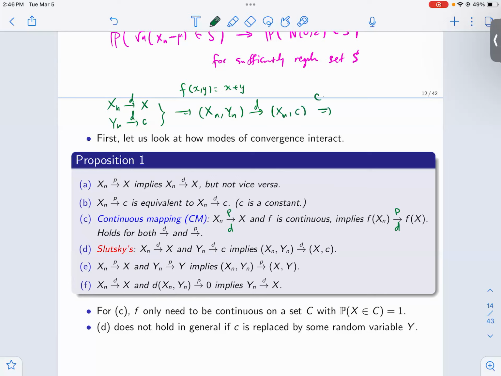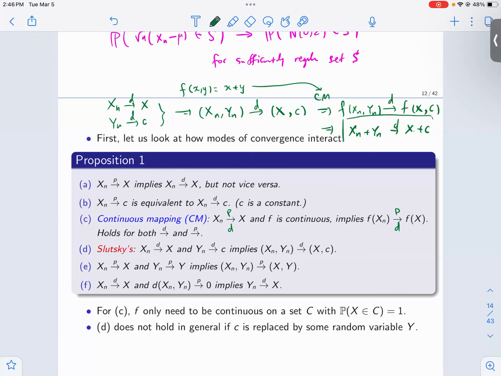Then by the continuous mapping theorem via this function, I get that f of Xn and Yn converges in distribution to f of X and c, which is equivalent to saying that Xn plus Yn converges in distribution to X plus c. Sorry, this is X. The limit doesn't have any n in it.